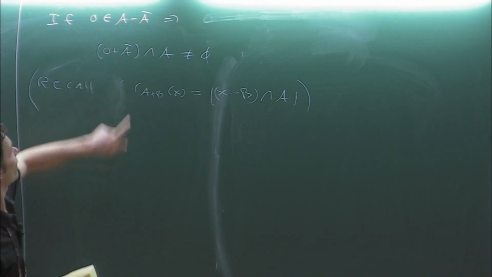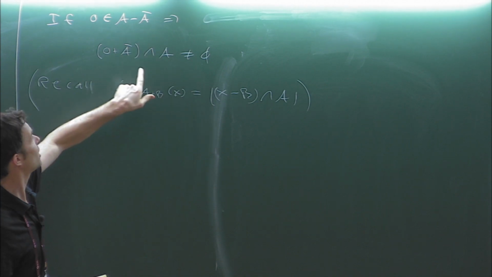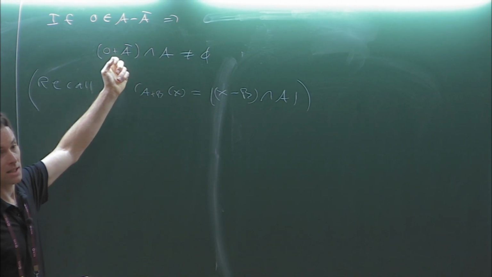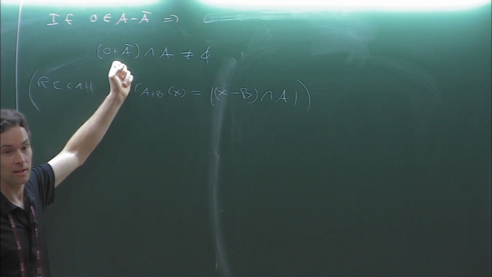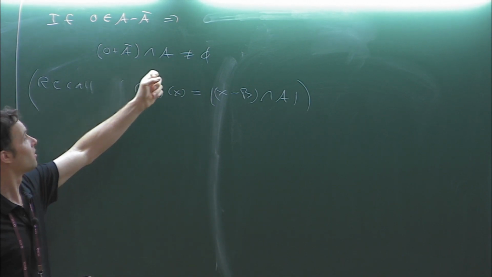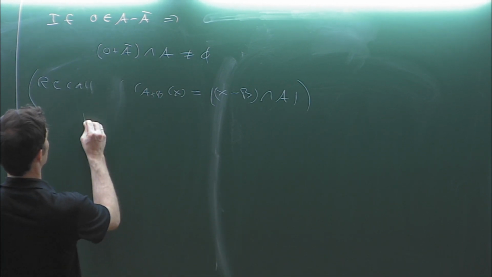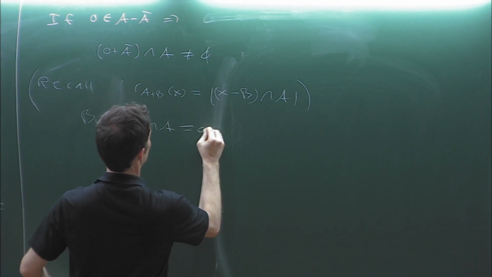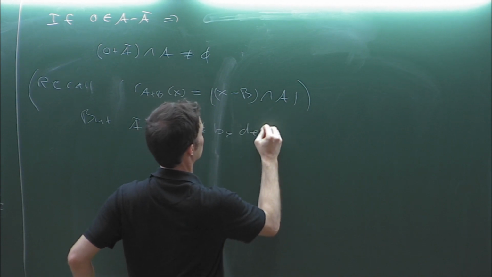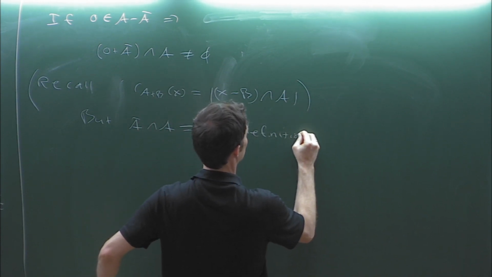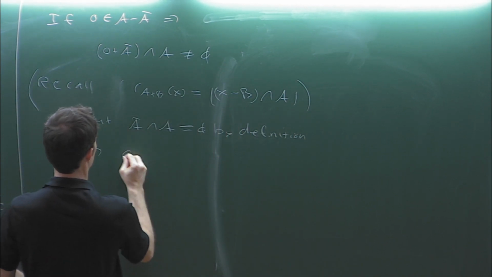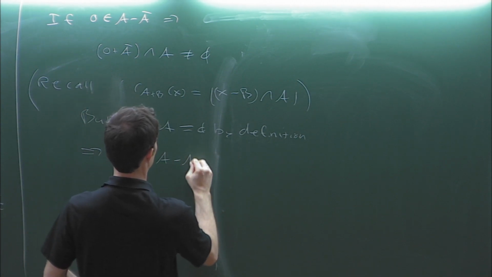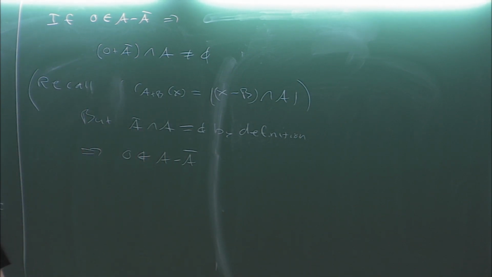So we're just using that little fact over here. If 0 is in it, it has at least one representation. We'd have to have this being non-empty, but this is impossible. This is the complement of A. It's literally everything that's not in A. So this is impossible. That means 0 is not inside A minus A complement.